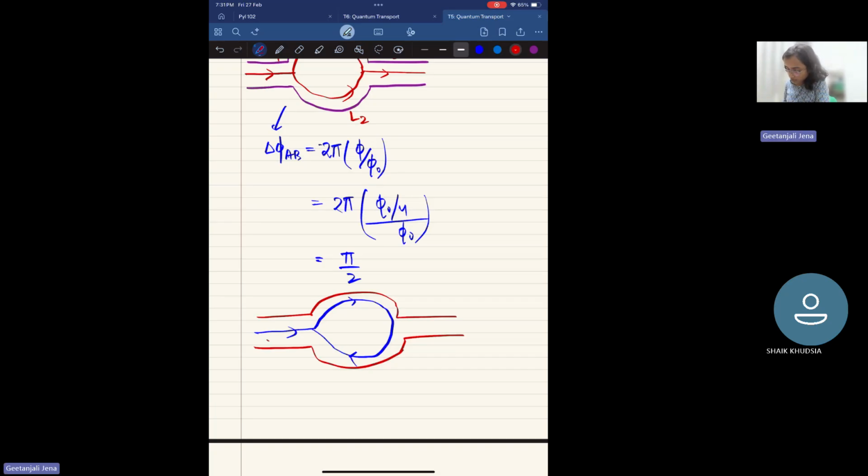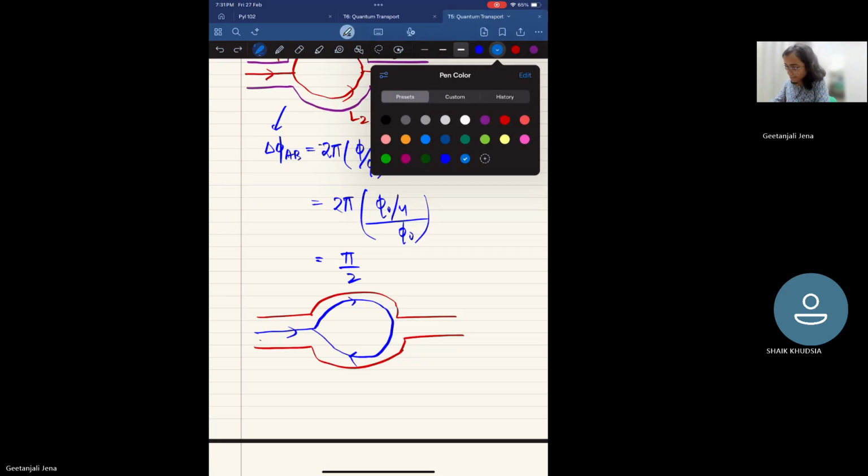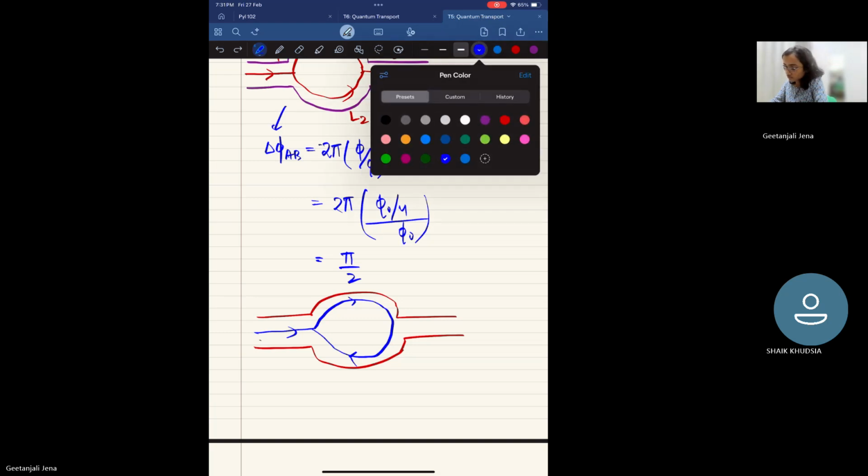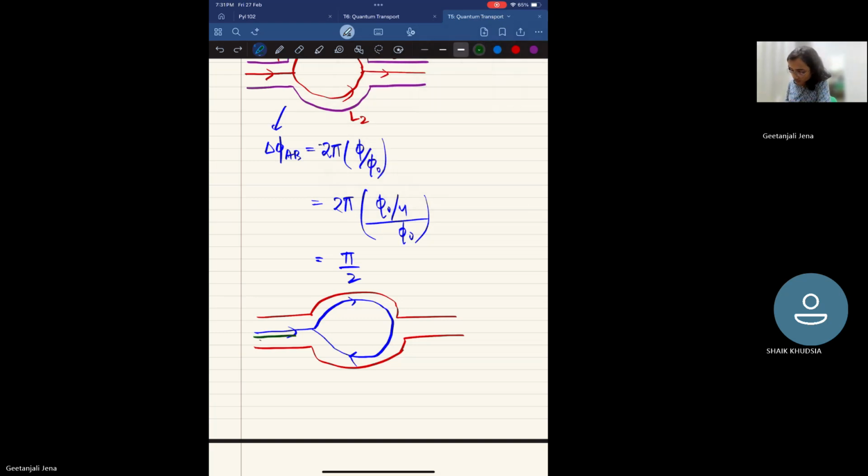So we can have two paths, which are the time reverse paths. This can be either clockwise or, let me take a different color, this is the anti-clockwise path.